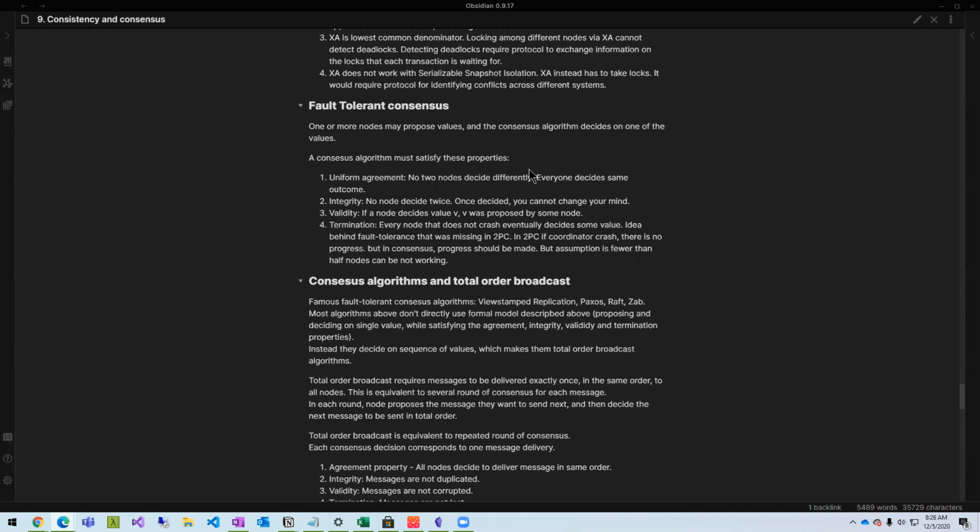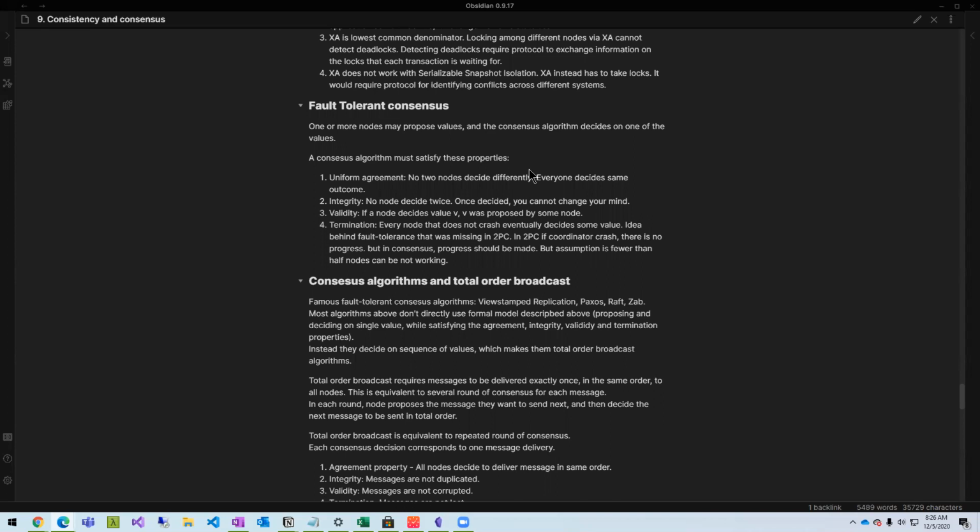And the meaning of fault tolerant consensus is that now we have to implement this system in such a way that any of these nodes can die, and still our system should work, and it should be able to propose values.